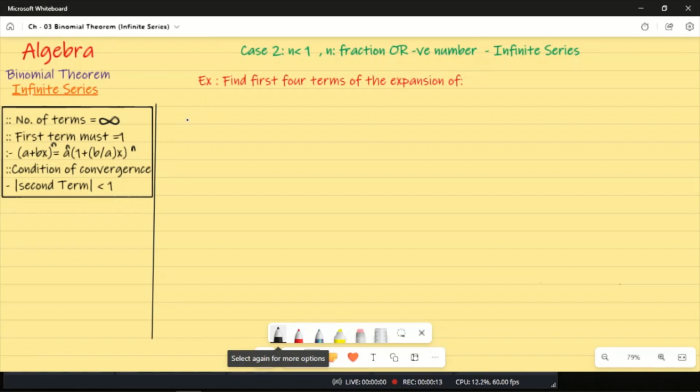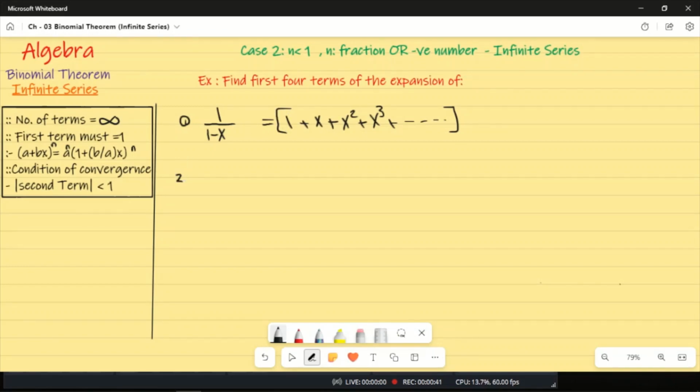The first special series here is 1 by 1 minus x, which is equal to 1 plus x plus x squared plus cubic x plus and so on. And here is another one, 1 by 1 plus x is equal to 1 minus x plus x squared minus cubic x plus the continuation of the series.